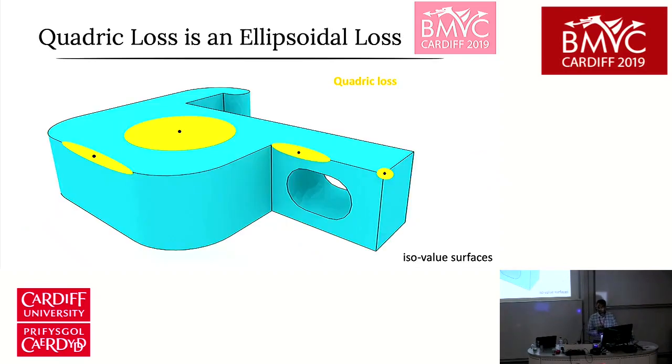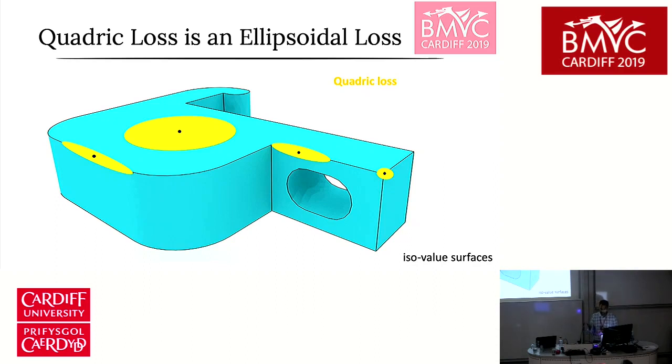Now, quadric loss has nice geometric interpretation as well. The ISO value surface of quadric loss represents a family of ellipsoids for which one of the three axes represents the normal vector and the length of the other two is inversely proportional to the curvature of the point. So what I mean by this is, on planar regions, the ISO surface would be like a disk here, meaning the reconstructed point can lie anywhere on the plane, but any displacement in the normal direction would induce more quadric error.